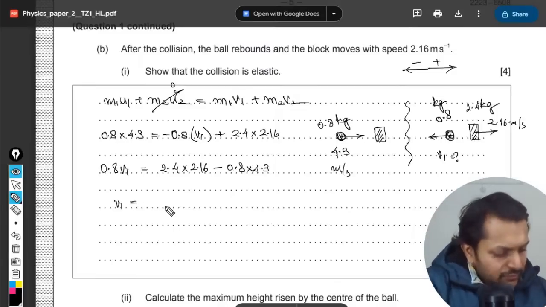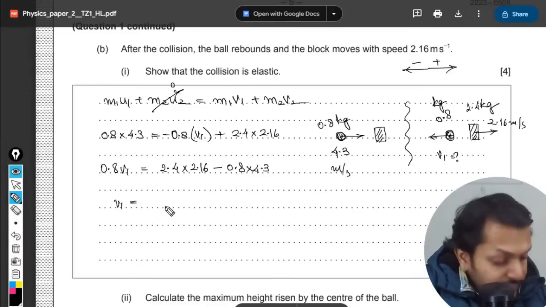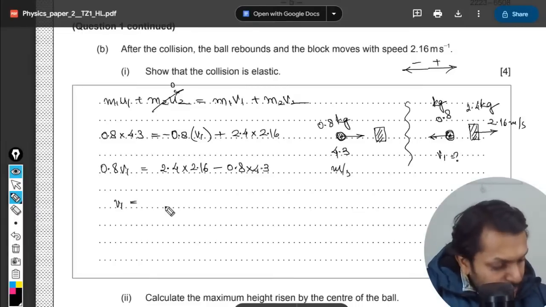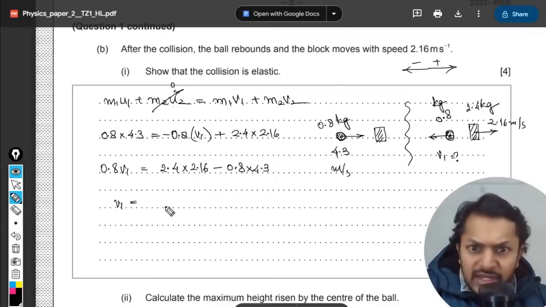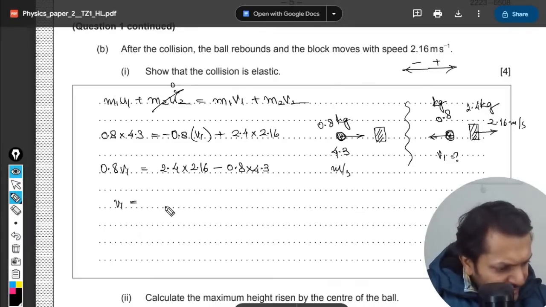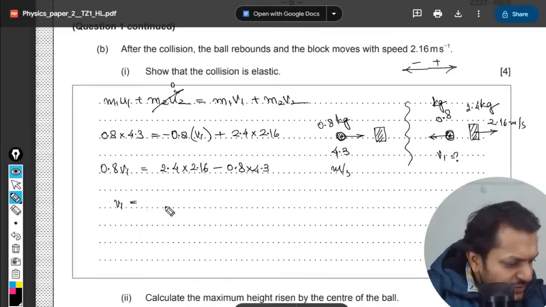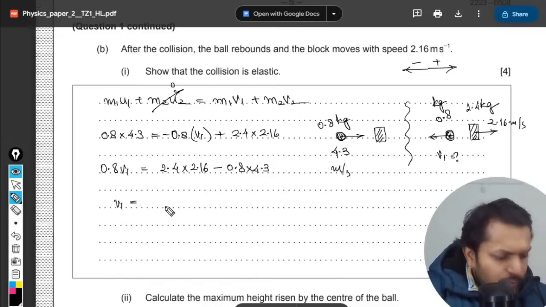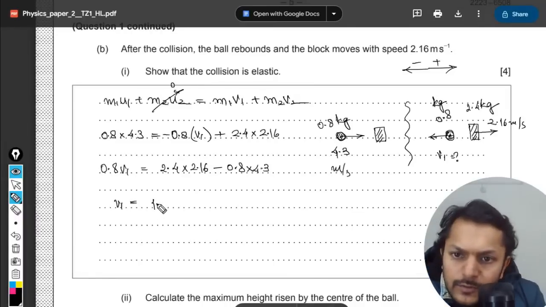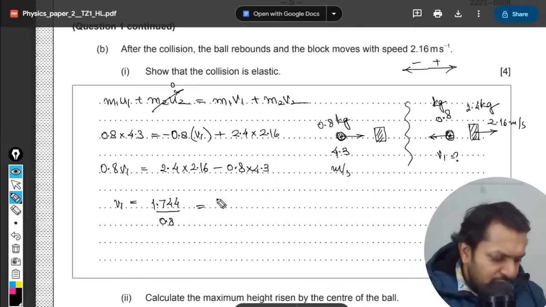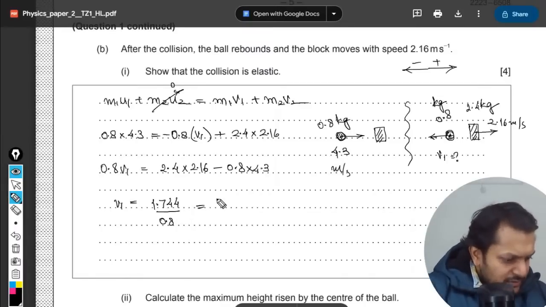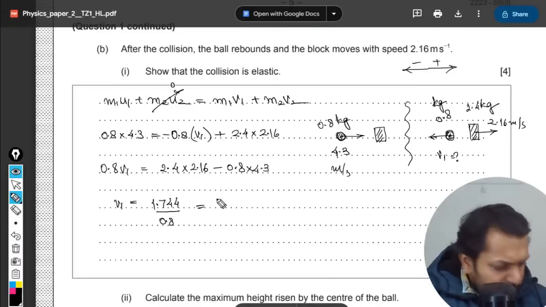I would be using the calculator in my mobile phone now. Just a moment. 2.4 multiplied by 2.16 minus 0.8 multiplied by 4.3. I am getting the answer 1.744, which will be further divided by 0.8.